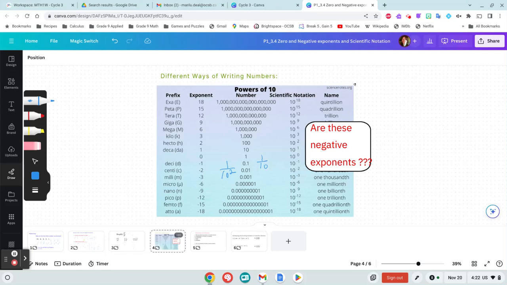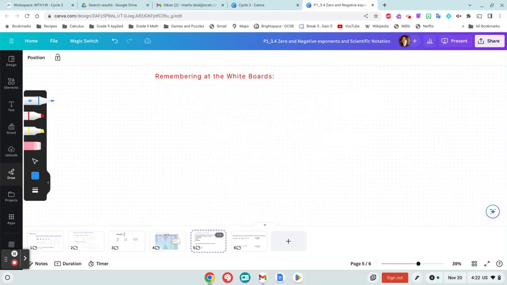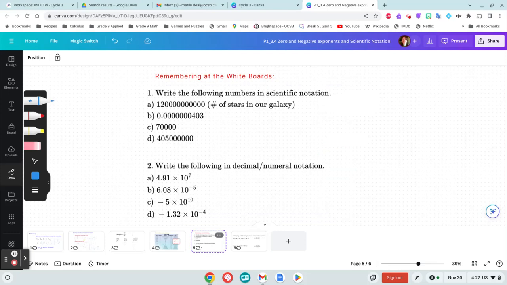So let's look at some scientific notation. So had I been in class, we probably would have done this activity up at the whiteboards, but since I'm not there, we're going to kind of do a couple of these together. So I haven't included all of these examples on your handout, but I did include a couple of them.